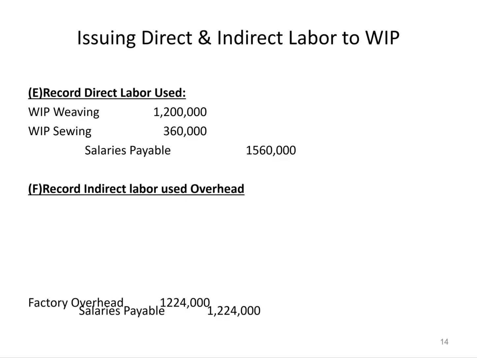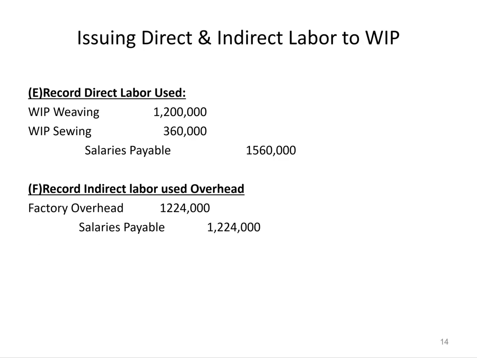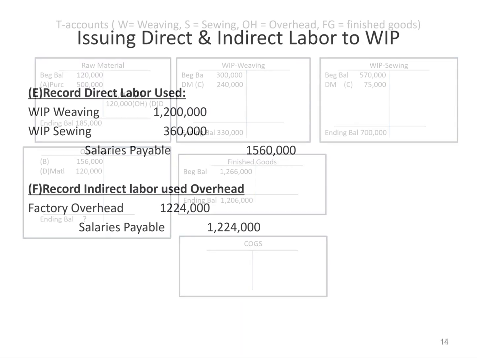And then to record the indirect labor. Now, the only question I have about this problem is that if I had that much factory overhead for salaries, I think I'd try to identify a third process, because that's a pretty heavy amount of labor just going into overhead that you cannot tie to the product. So this is my opinion.